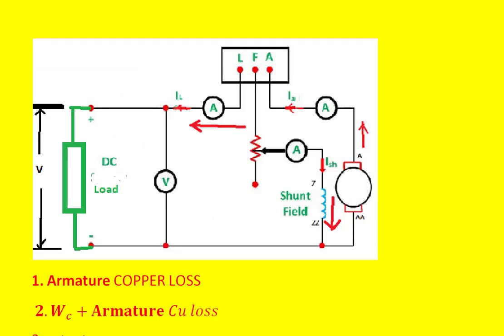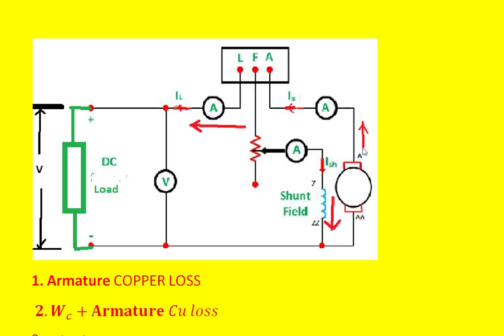So here, to calculate the efficiency of the DC machine when it acts as a generator and supplies the full load current to the load, the circuit becomes like this. This is the generator armature, this is the generator field winding, and this is the variable rheostat connected in series with this, and then this is the 3-point starter.